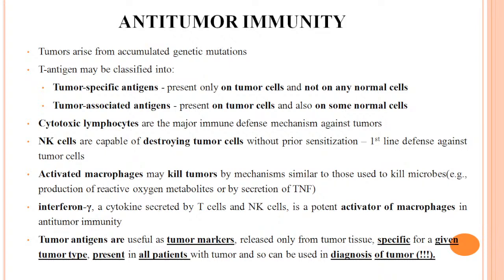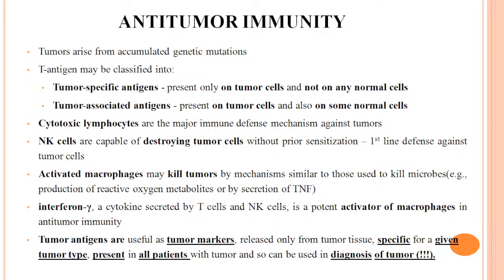What are the main immune mechanisms in anti-tumor immunity? These are cytotoxic lymphocytes, CD8 cells. They are the major immune defense mechanism against tumors because they release cytotoxic substances and kill transformed or virally transformed human cells.